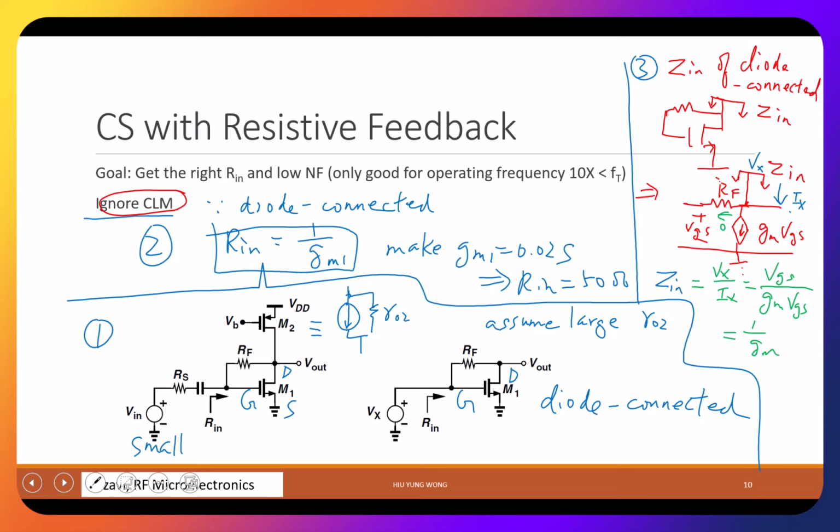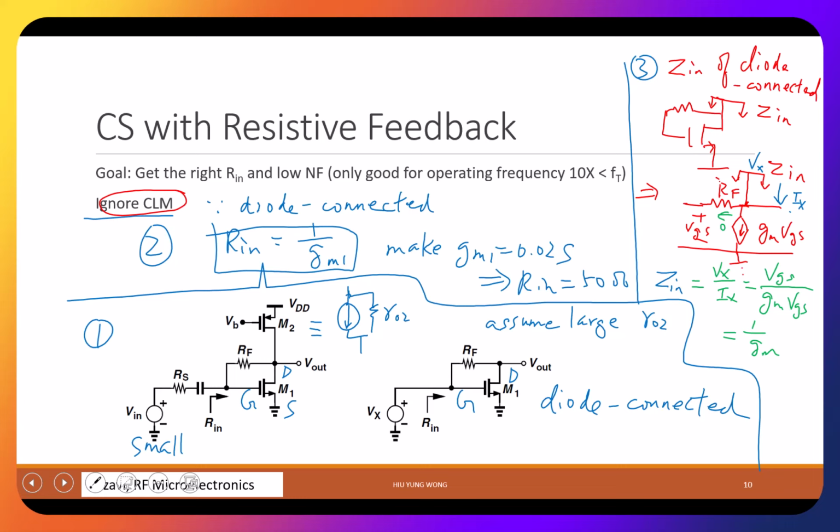If you claim that you are an analog circuit designer, this is a fundamental, right? Just like those physics people ask you what's the speed of light, you should be able to say it, right? If not, you cannot claim that you have a degree in physics. Same for an analog circuit designer, right? What is the input impedance of a diode connected transistor? 1 over gm.